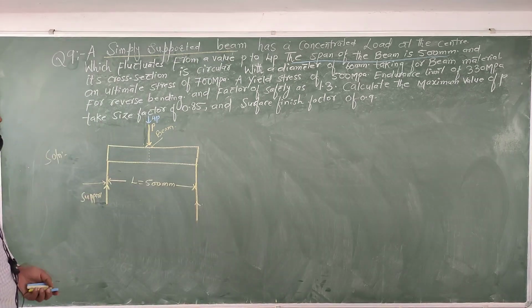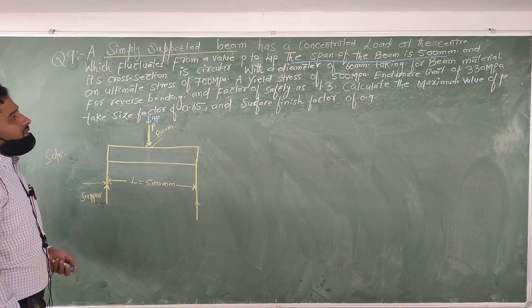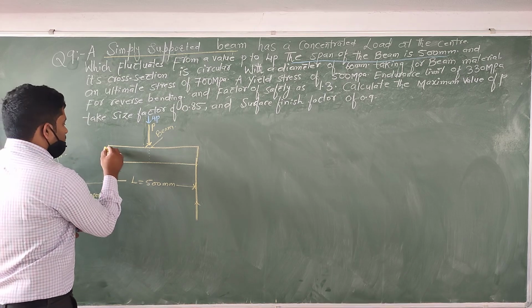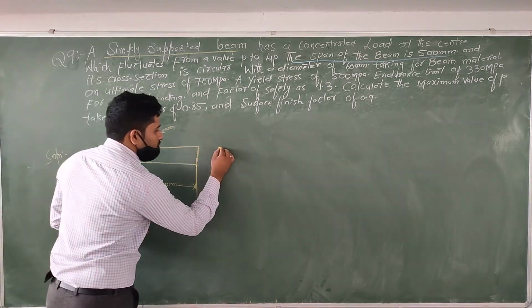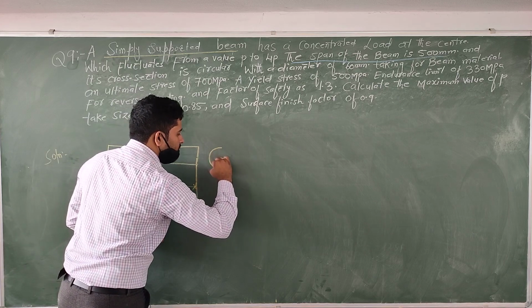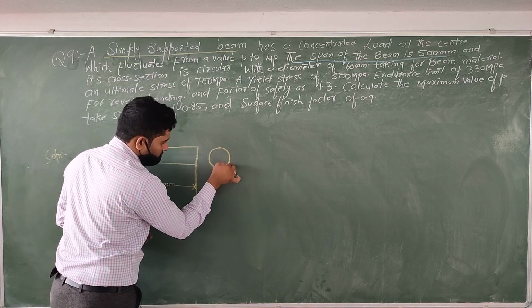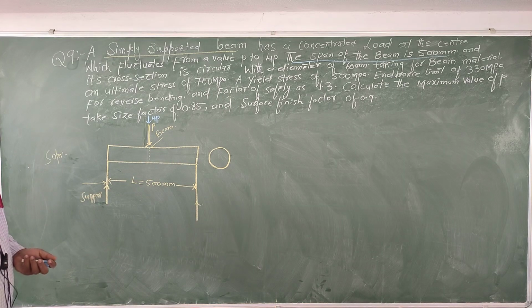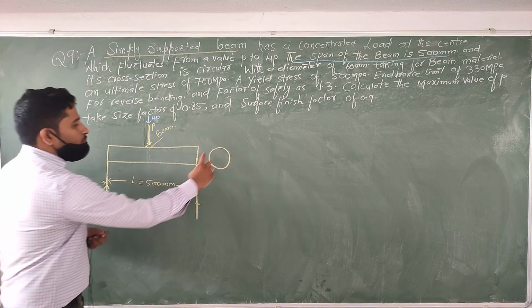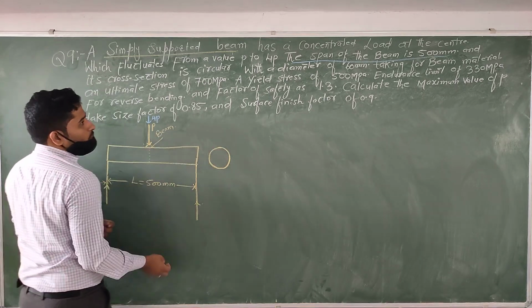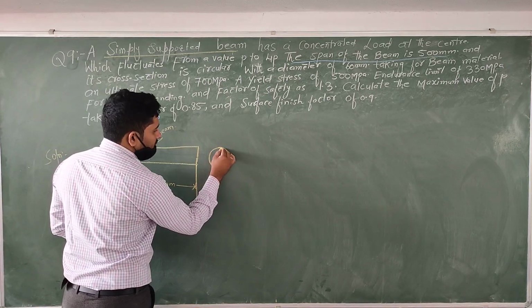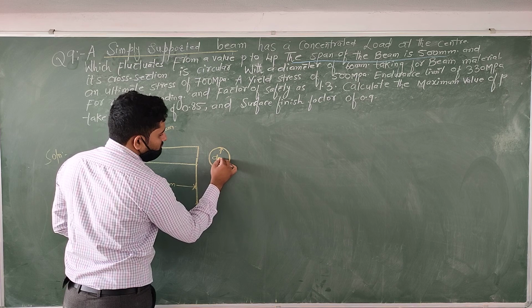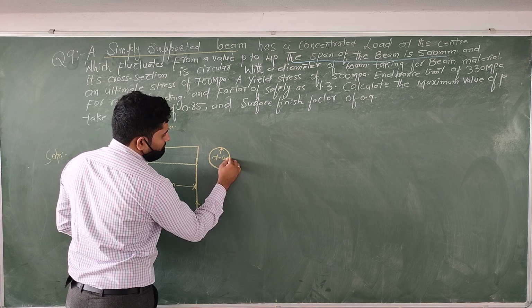Its cross section is circular, with a diameter of 60 mm. Diameter D equal to 60 mm.